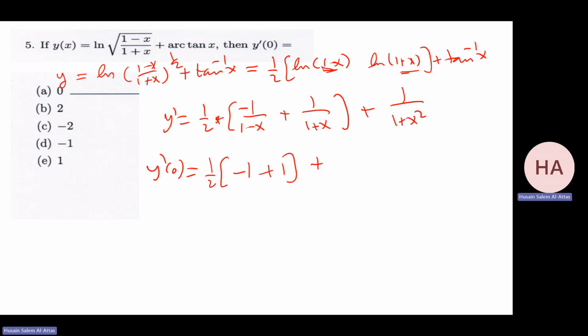This is minus. So this is minus. Be careful, these mistakes. This is minus plus 1. So I'm getting minus 2 over 2 plus 1, which is minus 1 plus 1, which is 0, which is this. Okay.